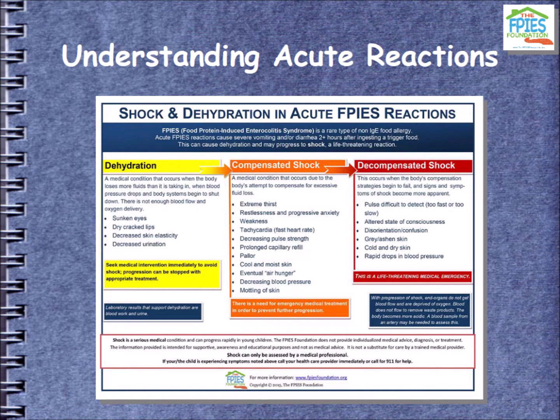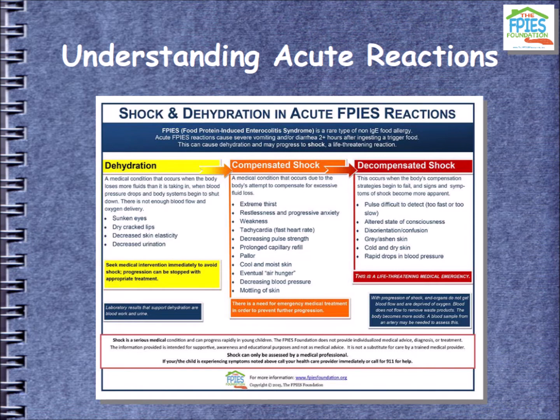Again, if compensated shock is not appropriately addressed, it can progress to decompensated shock, which becomes more serious and even more of a dangerous condition. Decompensated shock can occur when the body's compensation strategies begin to fail, and signs and symptoms of shock can become much more apparent.